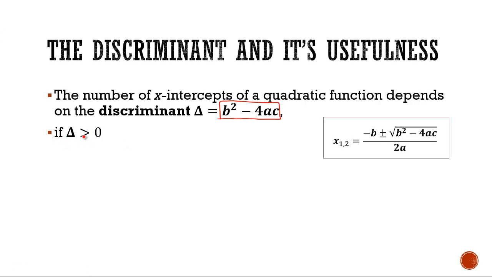If the discriminant is positive, so that would mean that this is a positive number, what is that going to mean? Well, that's going to mean that we have two places at which this crosses, right? Because you have the negative b plus that over 2a, and you have the negative b minus that over 2a. You have the two answers. So you have two solutions.